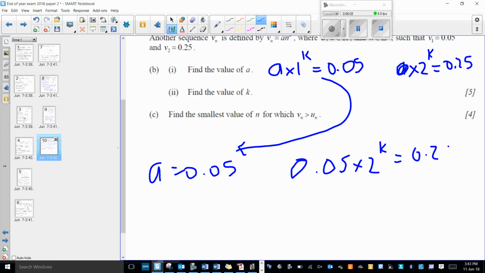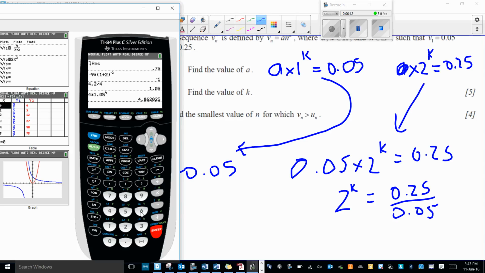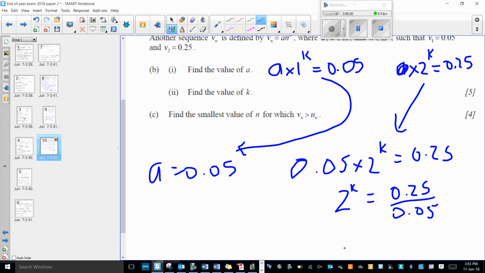That's from this one. So 2 to the power of k equals 0.25 divided by 0.05, so 2 to the power of k equals 5.